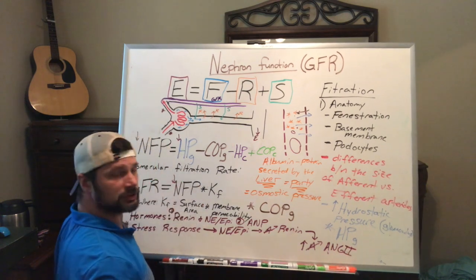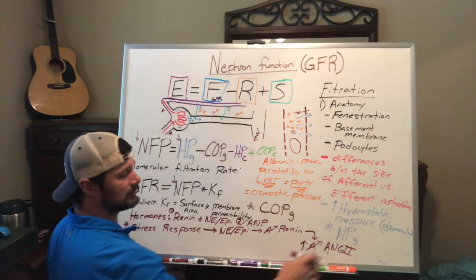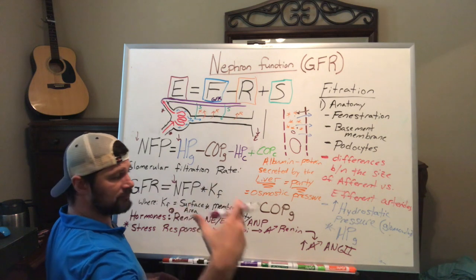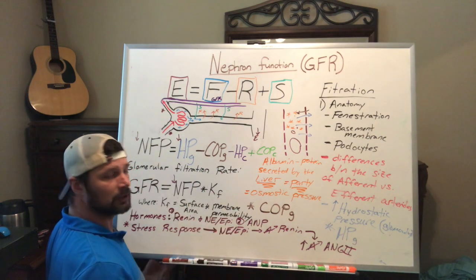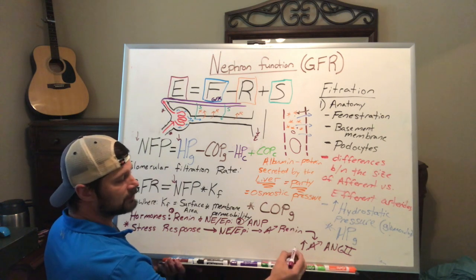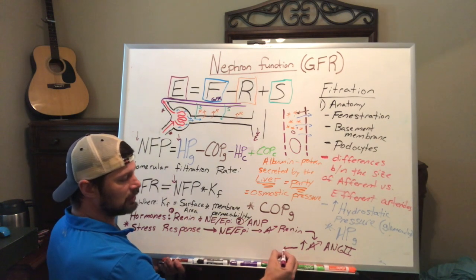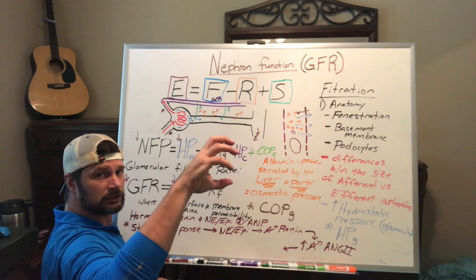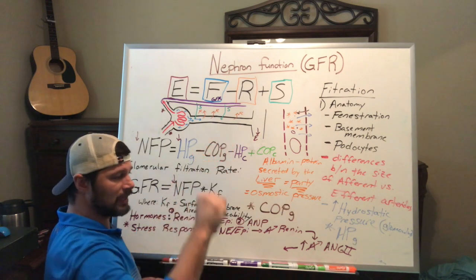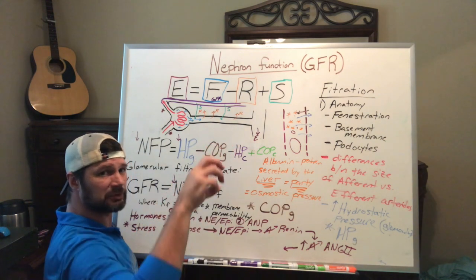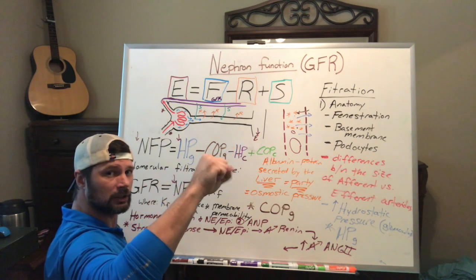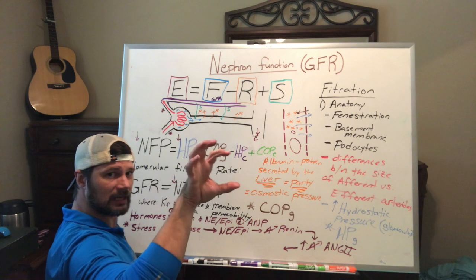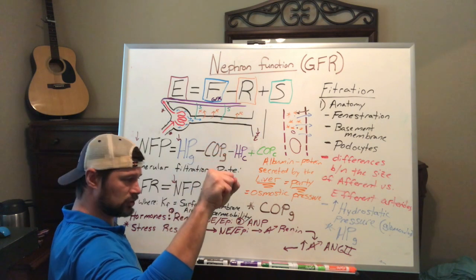And Ang2 is a really powerful hormone that does everything from thirst, vasoconstriction of arterioles through the body, and so forth. But something else that it does is it causes our glomerulus to contract. So Ang2 is going to bind to receptors in the glomerulus, and it causes that glomerulus to contract. So take your hand, put it in front of your face, and squeeze it down.